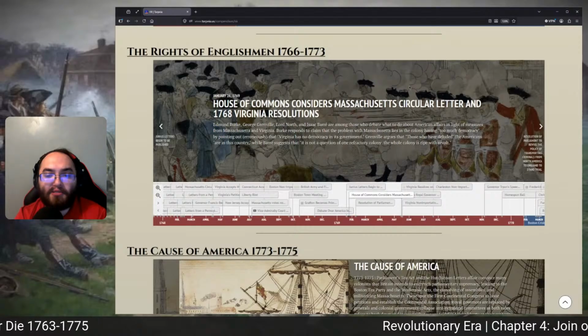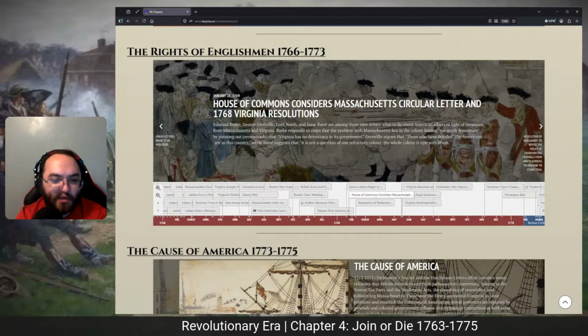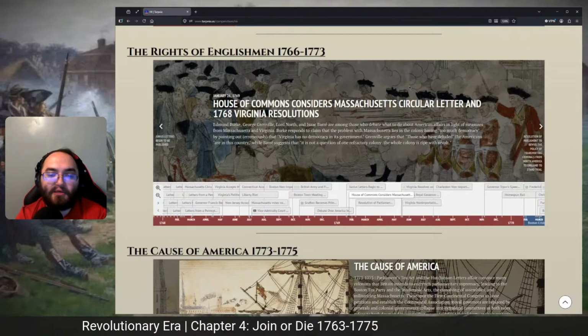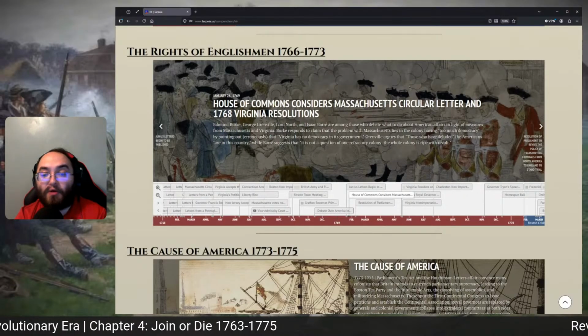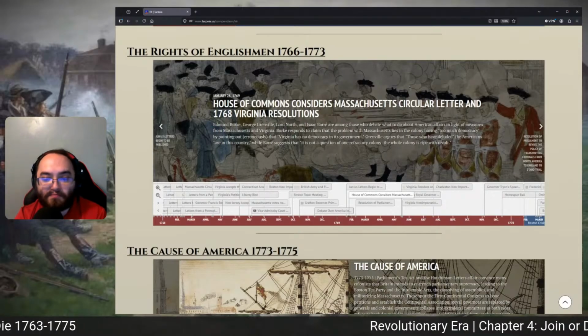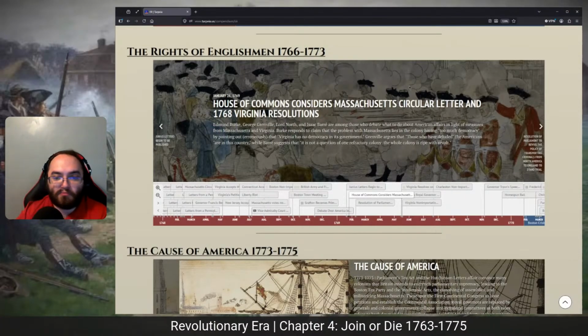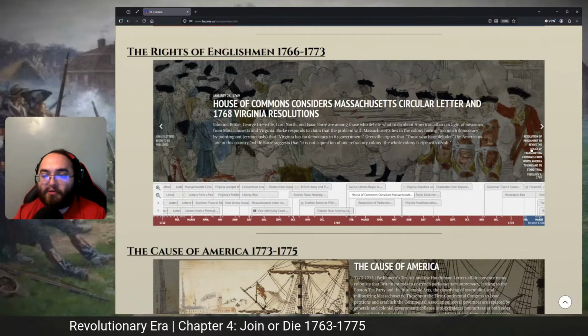Grenville argues that those who have deluded the Americans are in this country, while Barr suggests that it is not a question of one refractory colony. The whole colony is ripe with revolt. The whole colony being the whole region of colonies, the North American colonies.